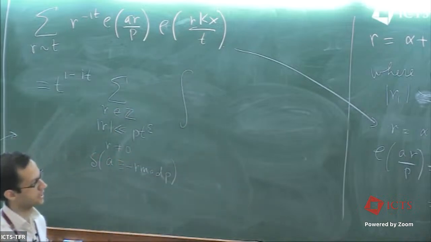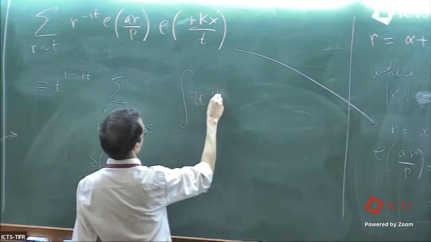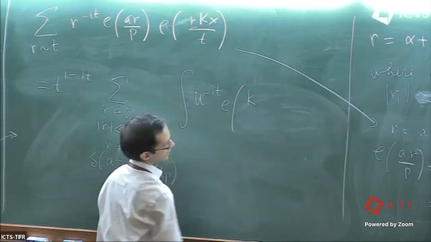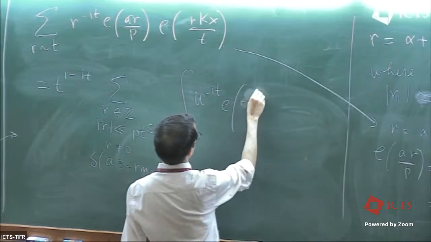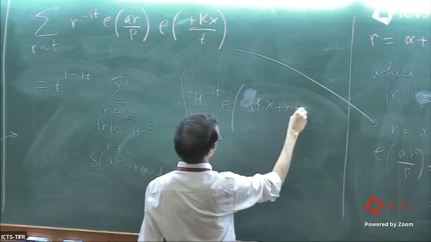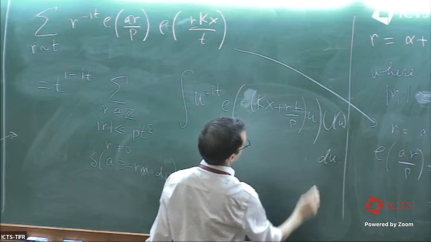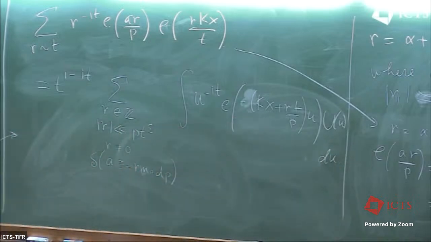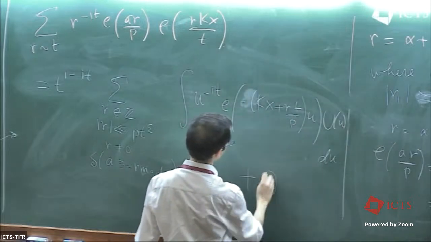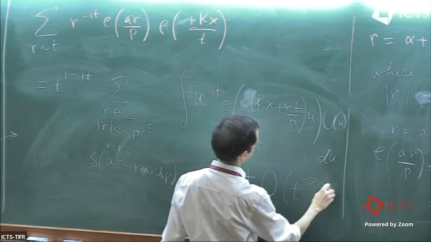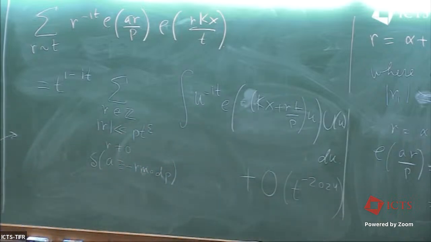And this integral is u to the negative it, e of negative kx plus rt over p, u, and then you have this weight function u du. So this is the transformation that you have. And of course, there is an arbitrarily small error term that you like. So you have transformed your summation.